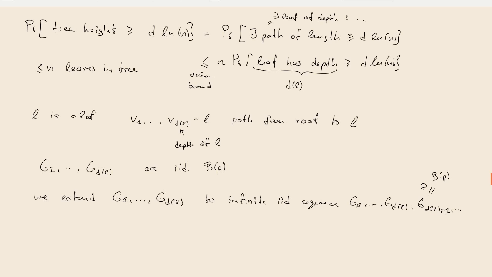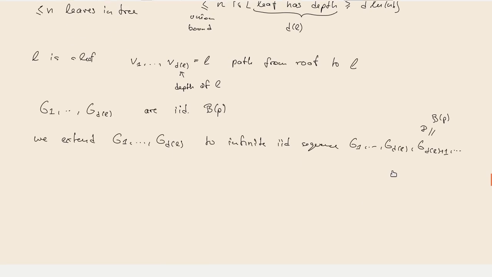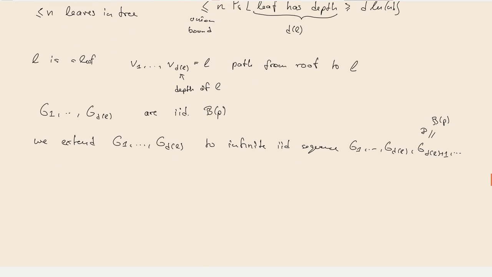Is that supposed to be a +1? This is a +1, yeah. Okay. Subscripts are already too small. Okay, now we are finally in a position where we can apply our tail bounds.